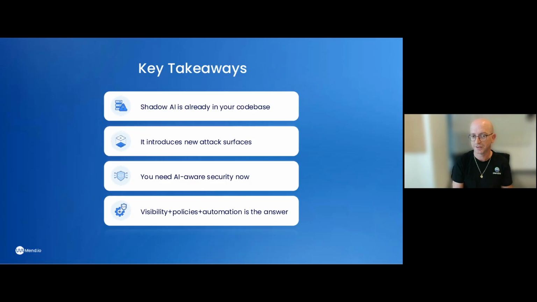So you need to be AI aware and build AI aware security as soon as possible. And last, gaining visibility, defining the policy, and automating the measurements to govern those policies is the answer for all these challenges.